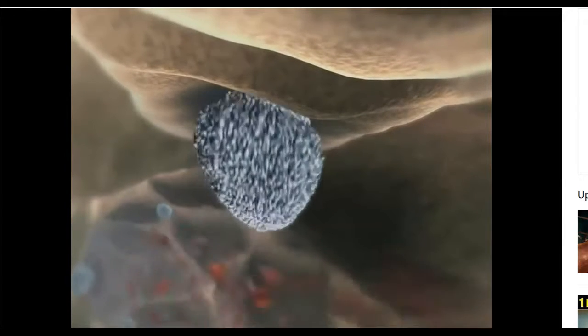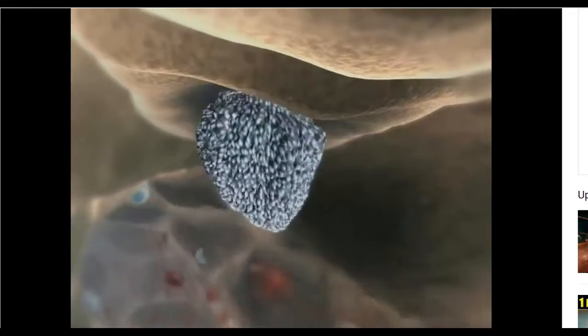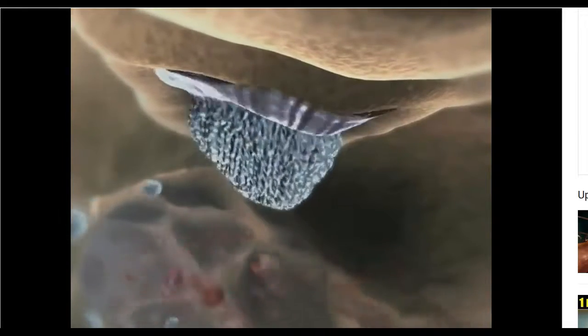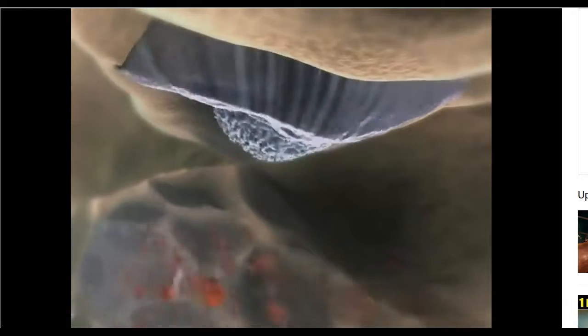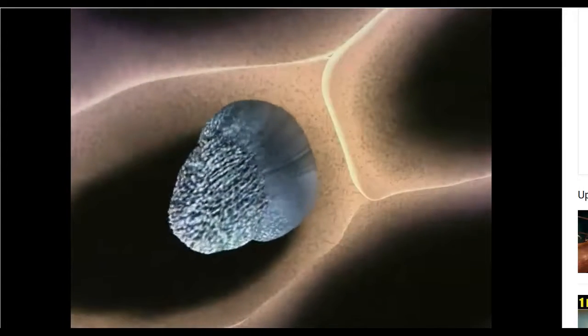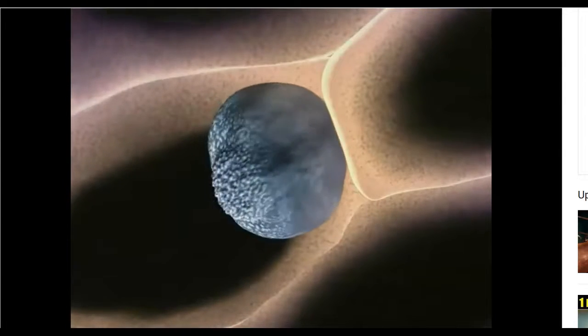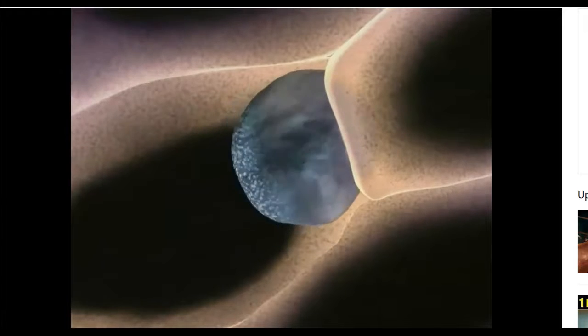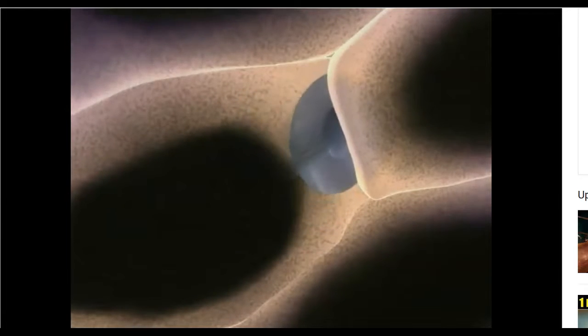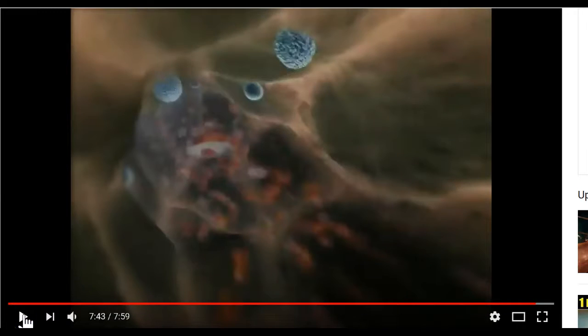So there's that white blood cell again. And it's flattening itself and going into the bone marrow, into a bone cell. So how cool is that?